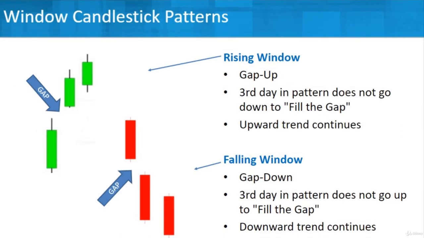A different type of signal, and this kind of works with our gaps, if you looked at the lessons around gaps, is rising and falling windows, right? And so really what you're seeing is kind of like a gap up. It could be a breakaway gap, it could be a runaway gap, but for a rising window, you have basically a gap up. And what happens is the third day in the pattern does not go down to fill the gap.